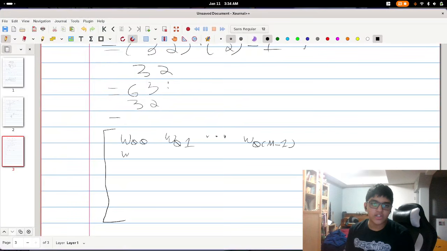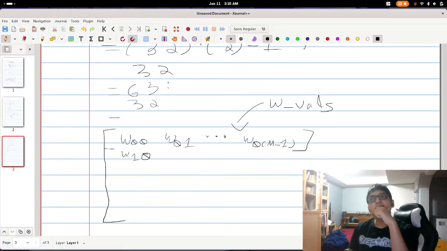And then we can store each row in a W vals chunk.